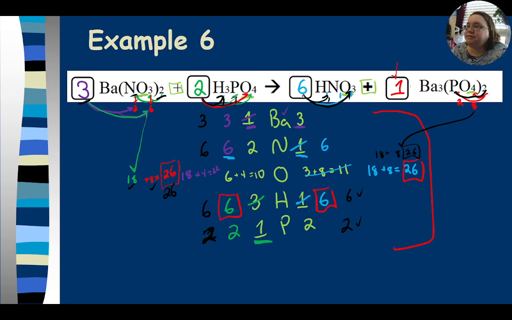My N's, 6 times 1 is 6. My BA's is a 3. So especially with any that have larger or multiple compounds, this is a double replacement reaction. It does not hurt to double check, make certain you didn't lose track of anything in the process of balancing.